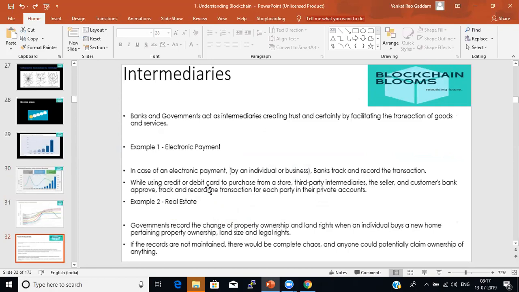Now the intermediaries, whatever the current banking system or any other systems, the mediators, they have some capabilities. If the Indian central government wants to control the money flow, definitely they can take some measures, whether they increase the rate of interest or decrease the rate of interest.